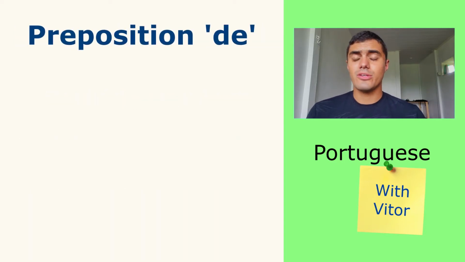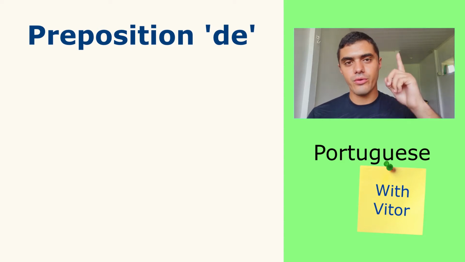We are going to see now the preposition de. So, first of all, we must know that prepositions from now on, they are going to agree with the article that comes before the noun, especially the definite article. And if you don't know anything about definite articles, I strongly recommend you watching the video right here.